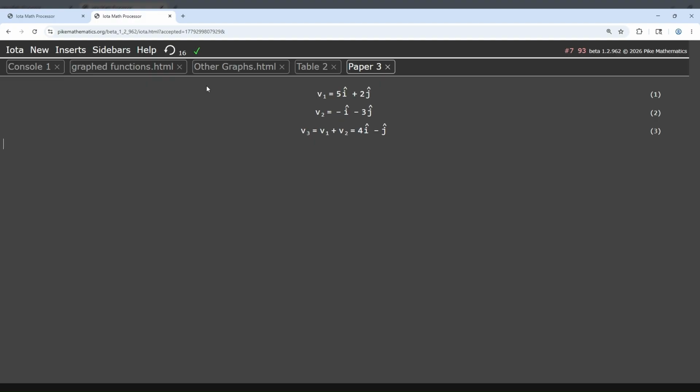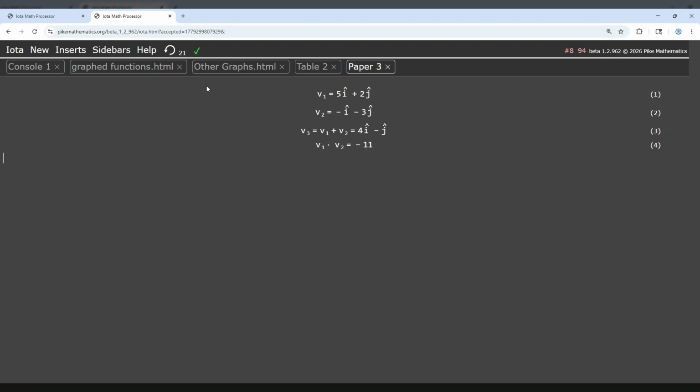You can also do dot products with vectors. So let's try that. We'll take v underscore 1, and then again in Iota to do dot products, you do backslash dot v underscore 2, and there you go. There's the dot product. Remember, the dot products are always scalars, and in this case, it's -11.